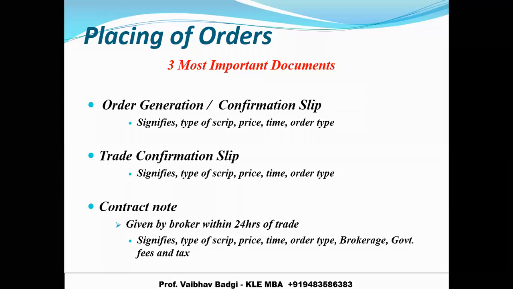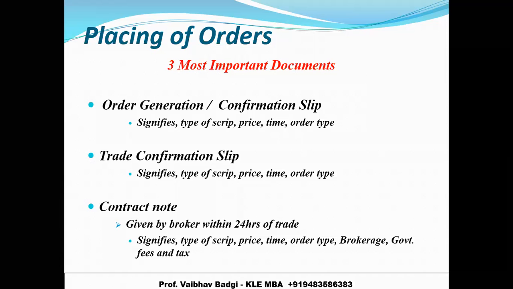What has she given? She has given a limit order. That means she is limiting the price only to 1000 rupees. Beyond that, if the price goes, she is not going to buy. So this is called a limit order. We'll come to orders at a later stage. This is what she has to generate as far as the order generation slip is concerned. We have to type the name of the scrip, price, time, and order type.